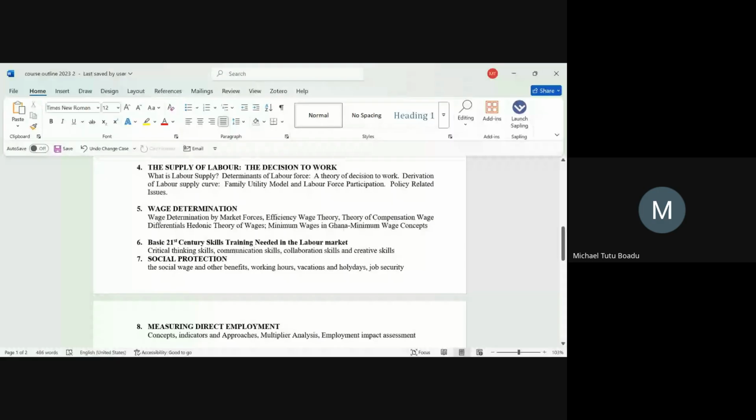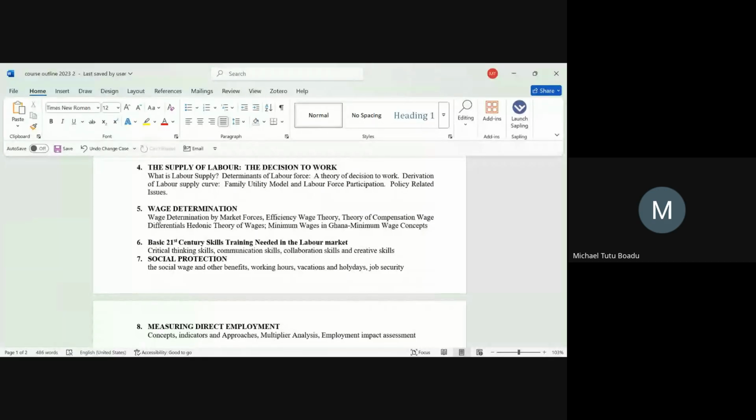Then our fourth topic will take care of the supply of labor. You can also say the decision to work. People decide to either participate in the labor market or not.